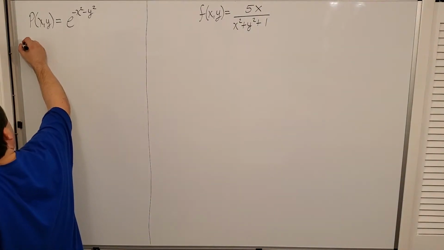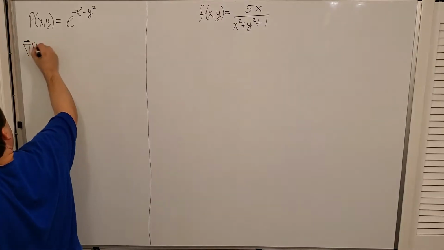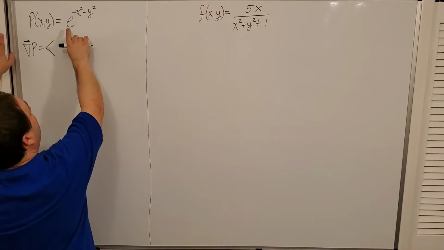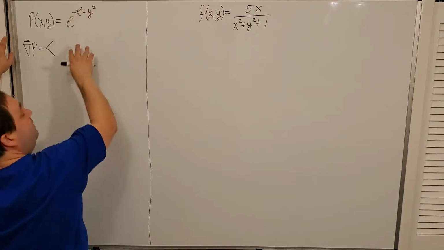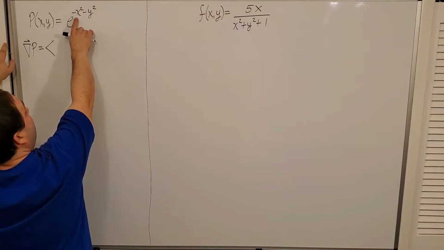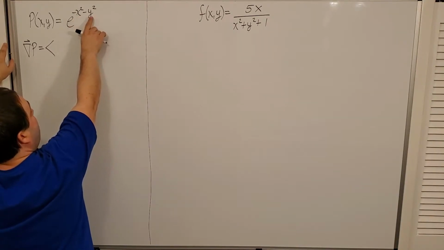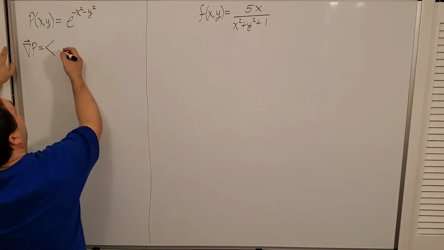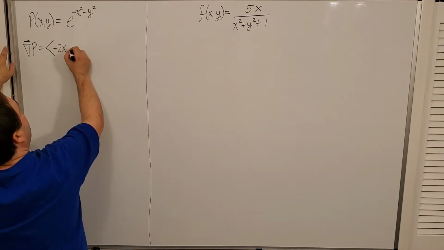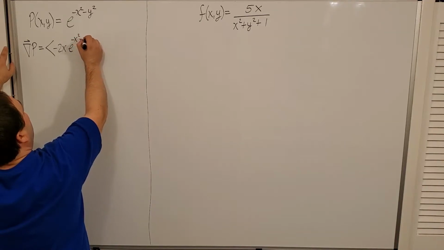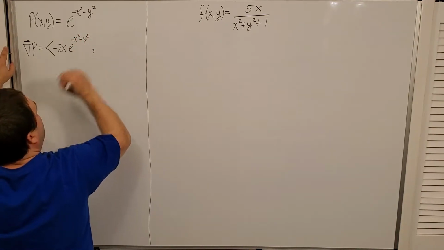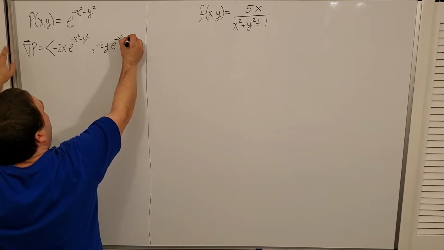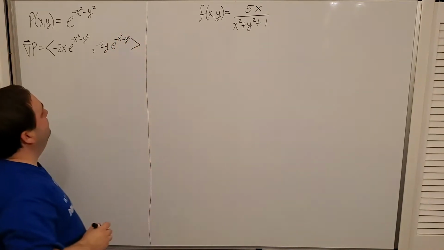The gradient of p here is going to be equal to the vector where, remember, doing the exponential derivative gives itself, right? And then each one of these chain rules is going to be one or the other. Since one of them's held constant, we'll go to 0. I'm going to be left with negative 2x e to the negative x squared minus y squared, and negative 2y e to the negative x squared minus y squared, like so.